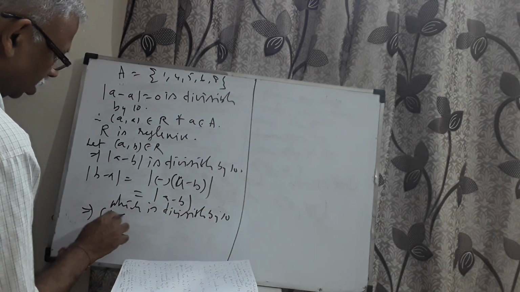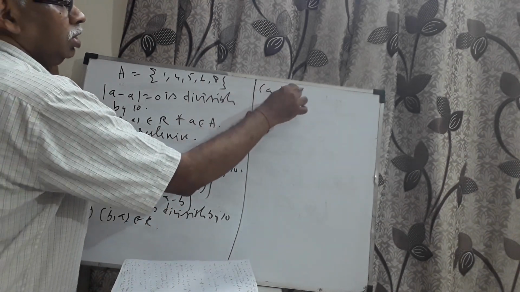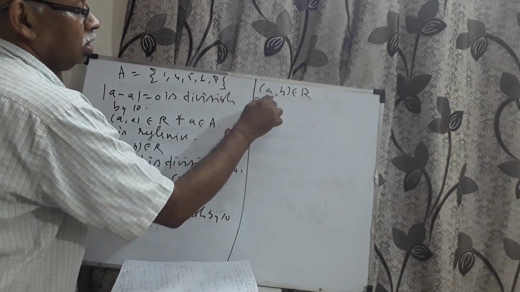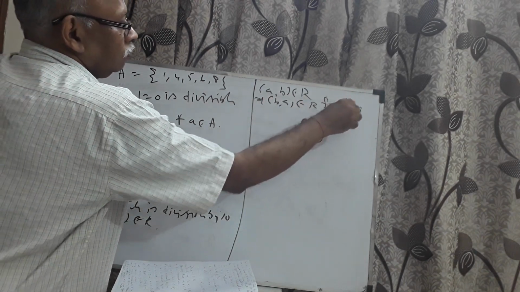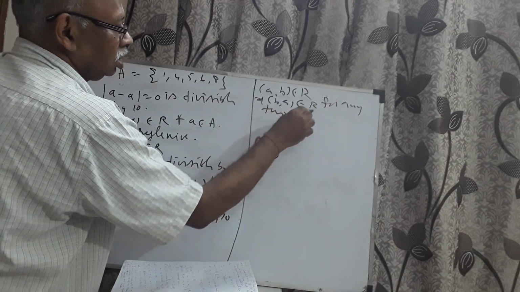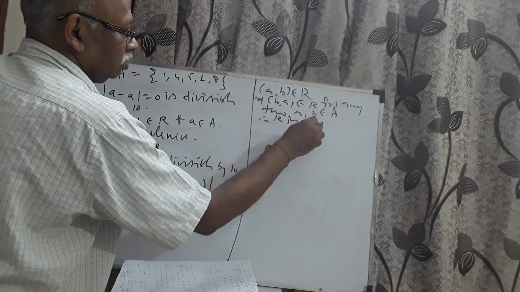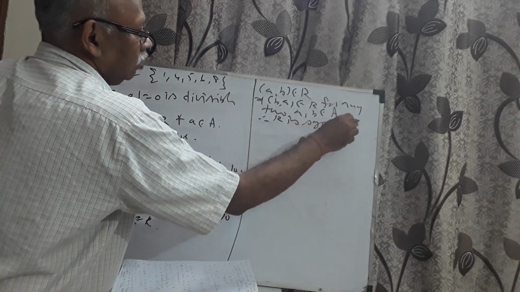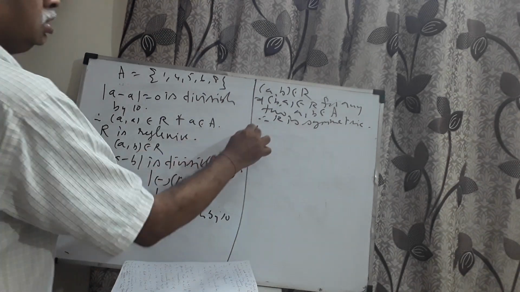This implies (b, a) is an element of R. Therefore, (a, b) in R implies (b, a) in R for any two a, b in A. Therefore, R is symmetric. This is the real meaning of the symmetric nature of the given relation R.